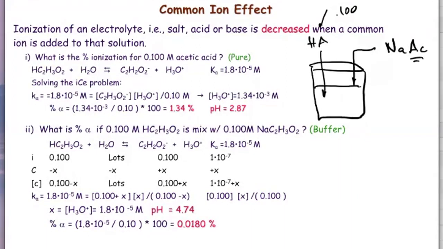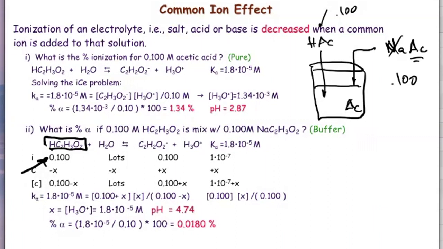So the sodium is a spectator, but the acetate now comes in as a common ion to acetic acid. That's what we have in the second part. We have acetic acid, that concentration is 0.1, but let's say that I put sodium acetate and that concentration is also 0.1.